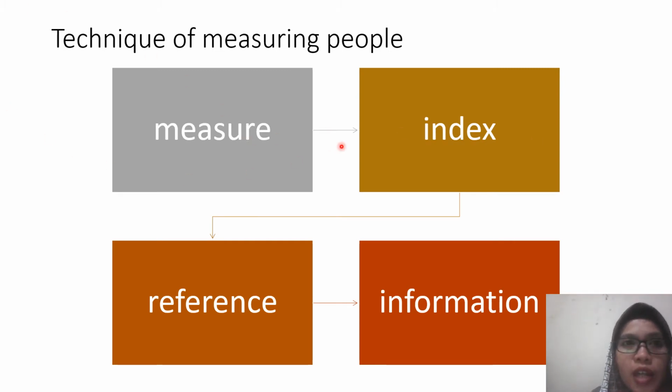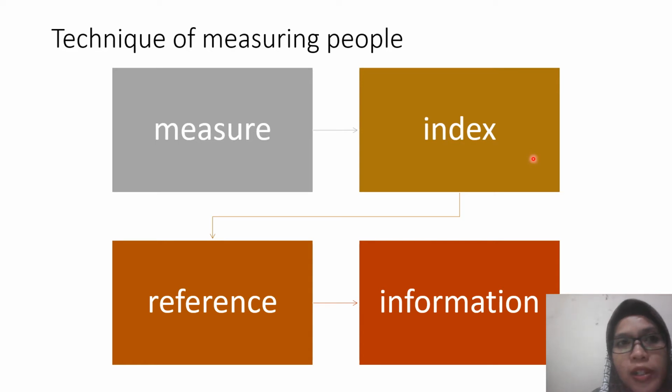The following are steps in performing anthropometric measurement on a person. First, of course, we have to measure the respondent. After the respondent, we have to convert the data into the index.